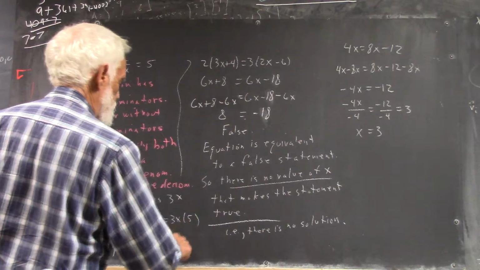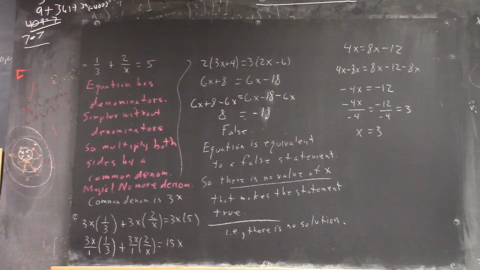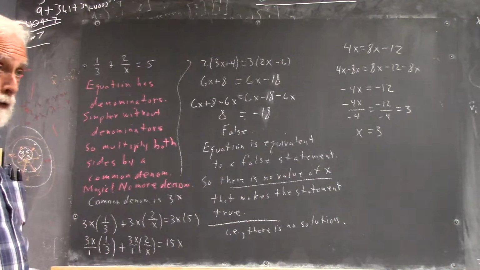Of course, 3x times 5 we know is 15x. Okay? So we have a fraction times a fraction here.